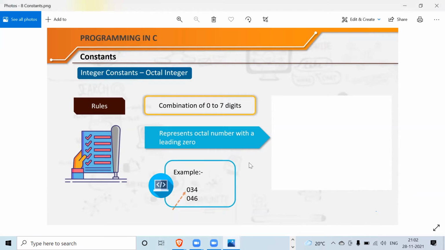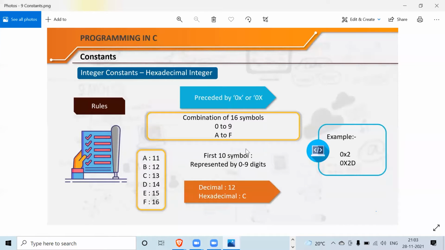Next we have the hexadecimal system. Hexadecimal has 16 characters. There are 16 symbols used in the hexadecimal number system. The first 10 characters are 0 to 9, just like our decimal system. And you see even the name: deci means 10, hexa means 6, so 6 plus 10, a total of 16 characters.